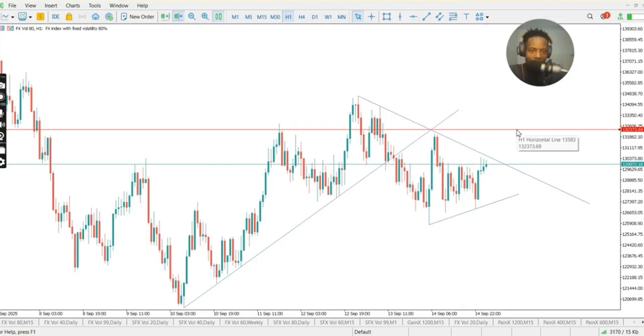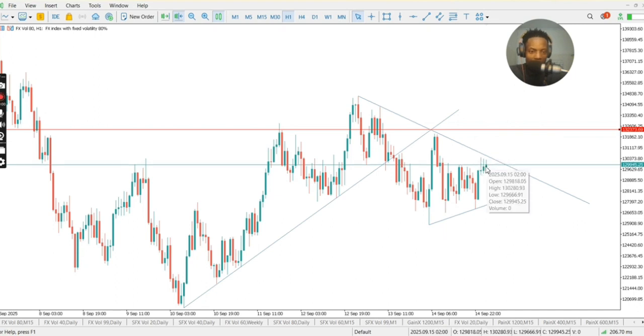That's it. But mostly I don't just randomly put the stop loss at around here. I wait for the market to show it. If it breaks here, I'll just hold my trade until I see a candlestick closing.